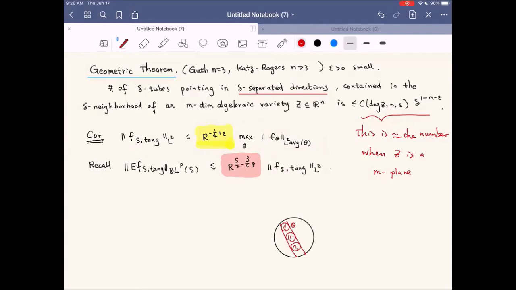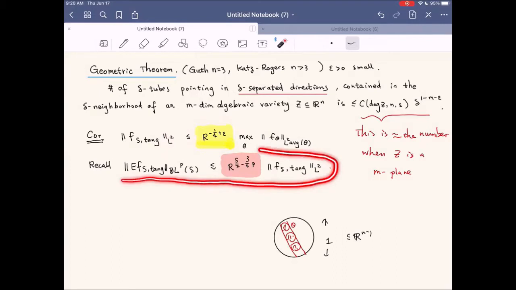For example, this is the unit disk in R^(m-1). So that's why it has smaller support. And then when we pass from L2 to L infinity, we have this gain. And this BLP bound was what we obtained earlier.